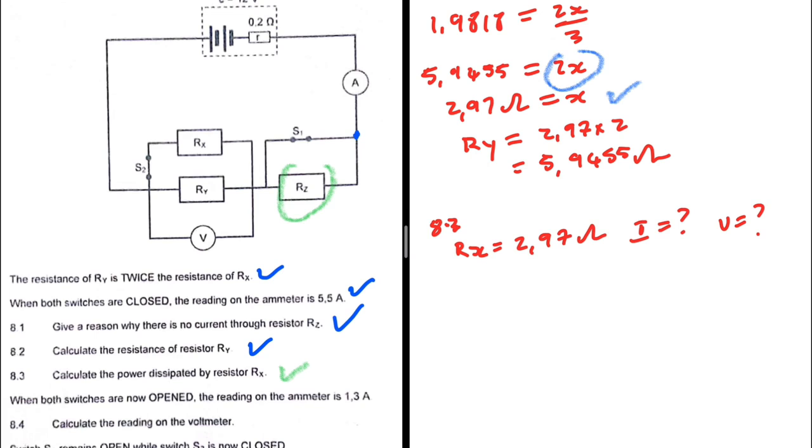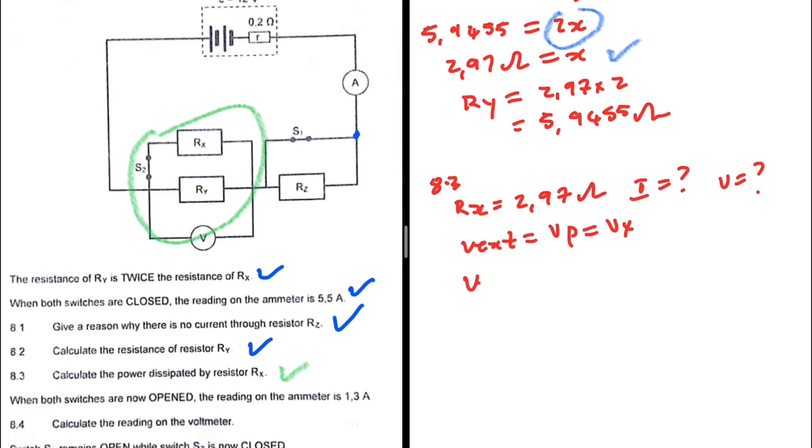So how can we do that? Take a look at this. In the external circuit, this is the only part where there is a potential difference, because Rz is not playing any role. So V external is equal to Vp and is equal to Vx, the potential difference caused by Rx. How can we find V external? Well, Vx is equal to the total current, 5.5, multiplied by the external resistance.